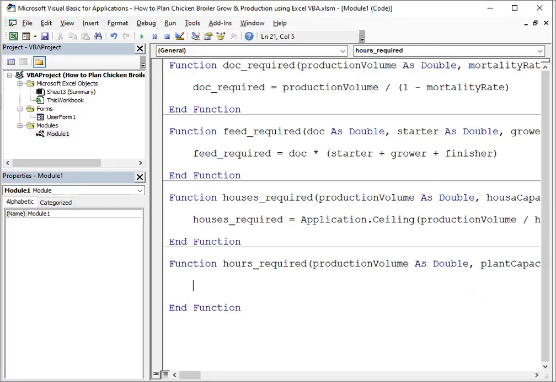Then what I'm going to do is write a condition statement. If plant capacity is equal to 0, then hours underline required equals 0. This is to prevent division by 0.